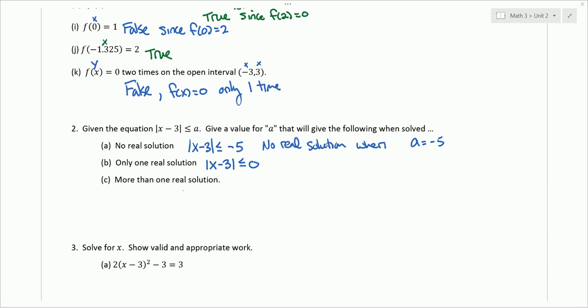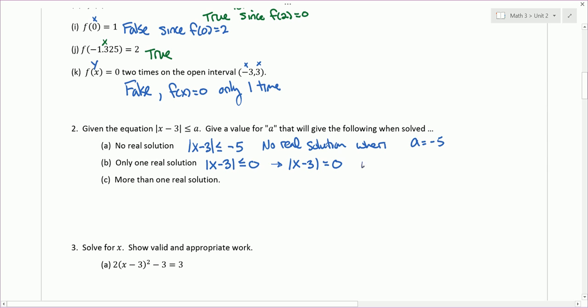So this is the same thing as the absolute value of x minus 3 is equal to 0, because absolute value has to either be greater than 0 or equal to 0. And this is going to yield one solution. When an absolute value is equal to 0, only one solution.